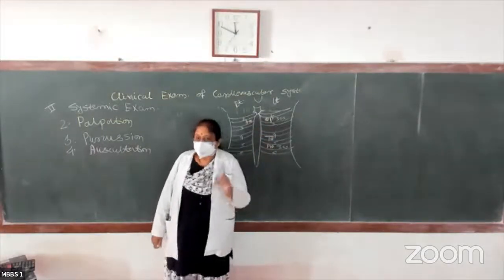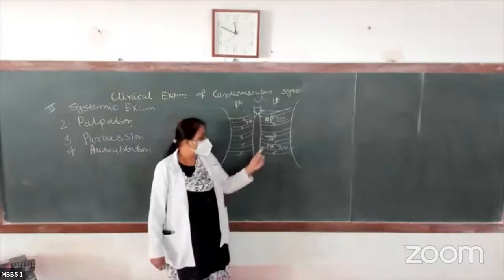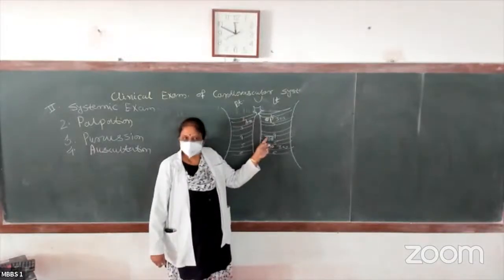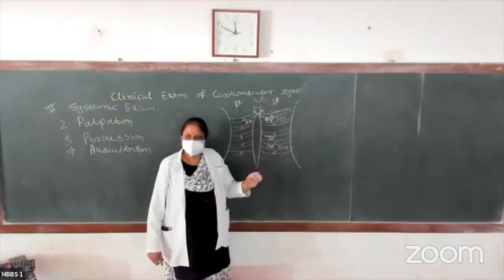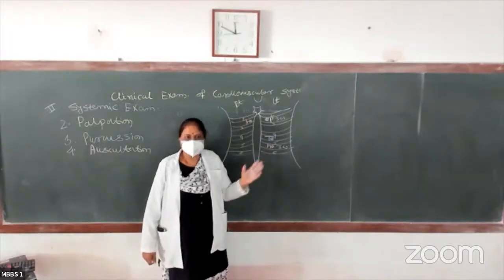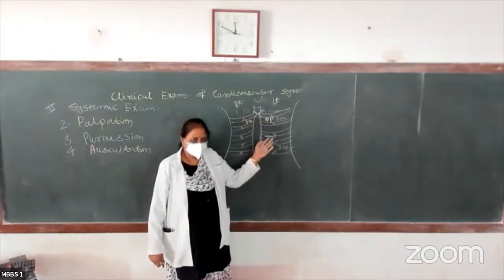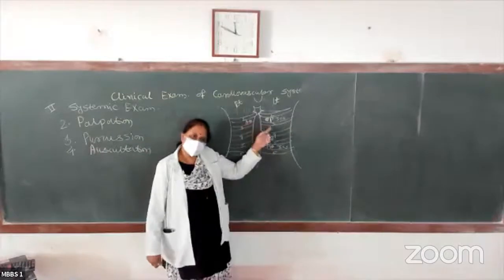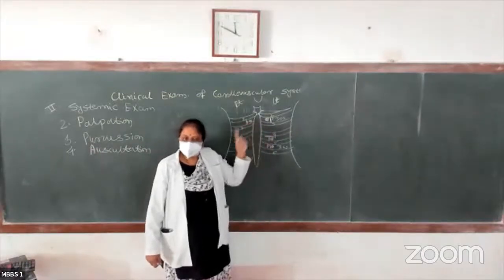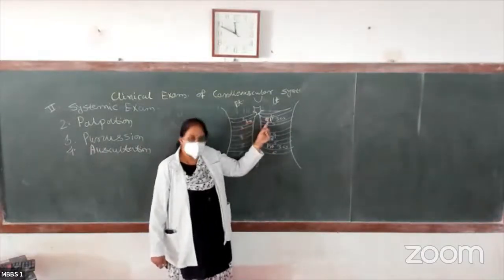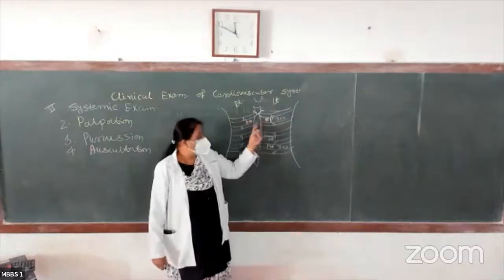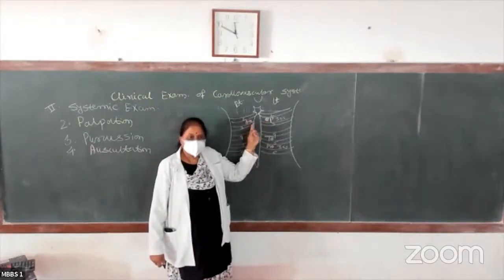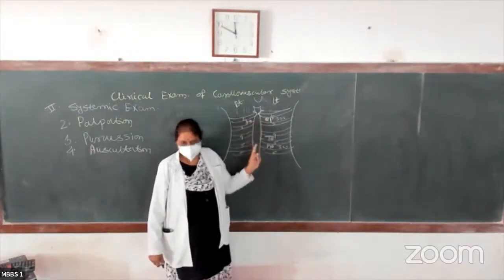But first heart sound is best heard at mitral and tricuspid, because first heart sound is produced by closure of these valves. Second heart sound is also heard at the four areas, but best heard at the aortic and pulmonary because it is produced by closing of these two valves.